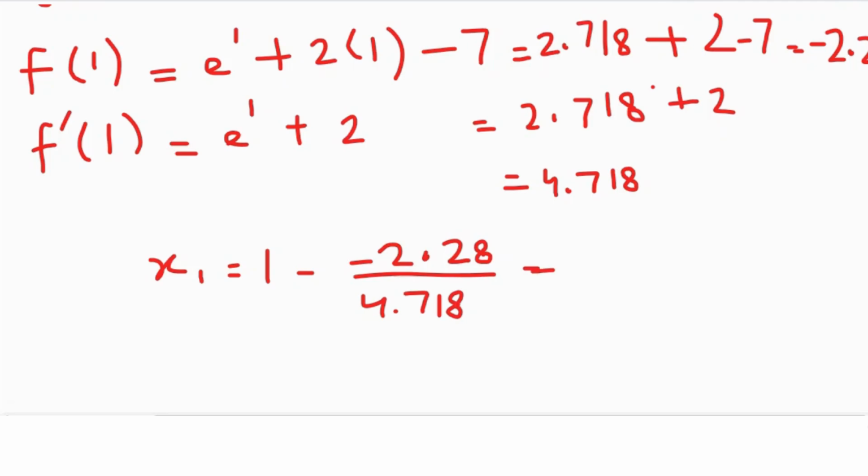We tried for 0, then we would continue to 1, then 2, 3, and we would keep on going until we get the correct answer. So this is 1.484. Like I said, we would do the same procedure for the next value, and we would keep on going.